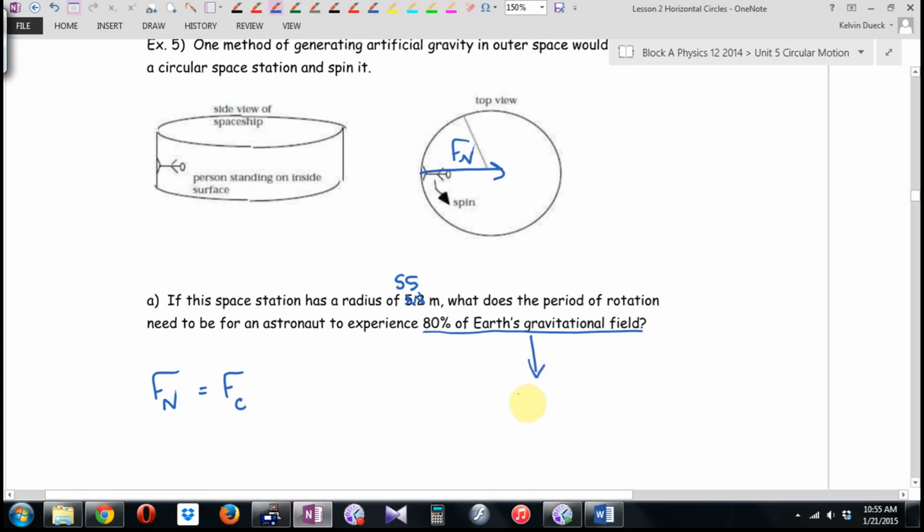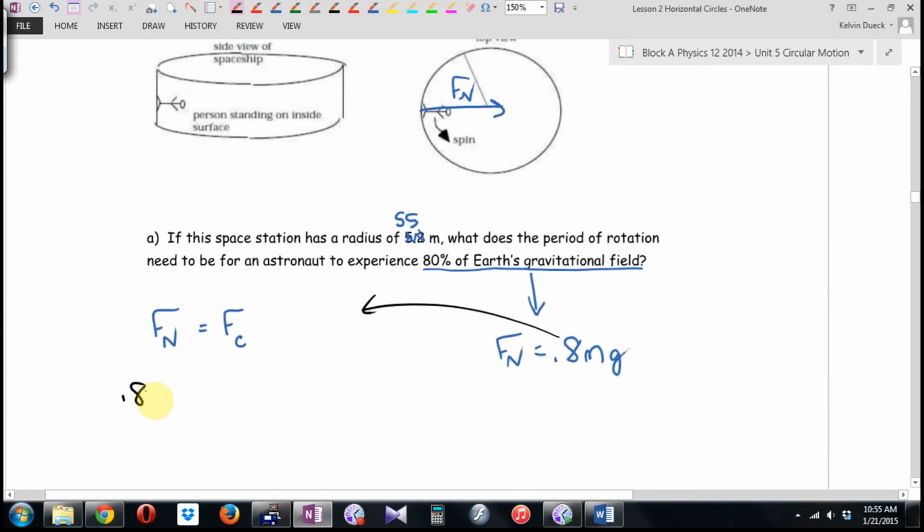In this case, 80% of mg. So I'm going to get this: 0.8 mg equals m a_c. And yeah, a little kid would feel the same gravity percentage as an adult.